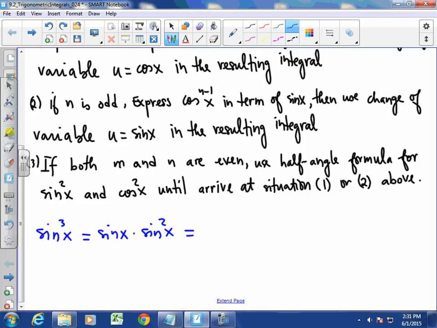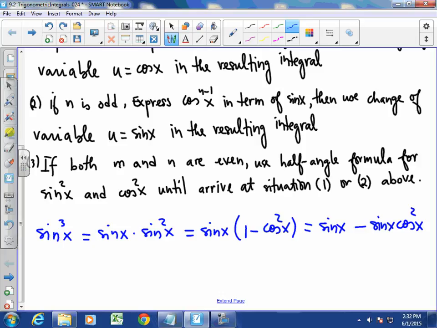Now we are told to express sine to the n minus 1 of x in terms of cosine of x, so that we keep sine x, and sine squared is 1 minus cosine squared x. So this becomes sine x times 1 minus cosine squared x, which is sine x minus sine x cosine squared x.